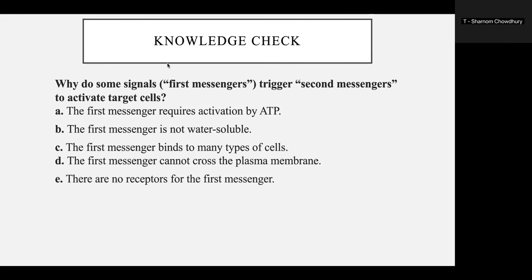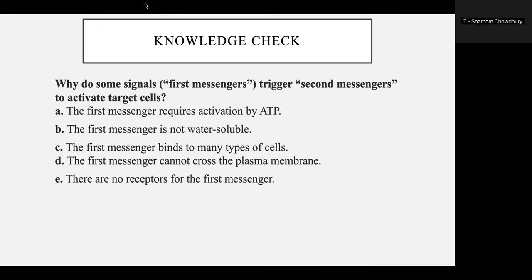All right, so we have a few different answers. So the correct answer is D. The first messenger cannot cross the plasma membrane. So the reason it's not C, the first messenger does not actually bind to many types of cells.